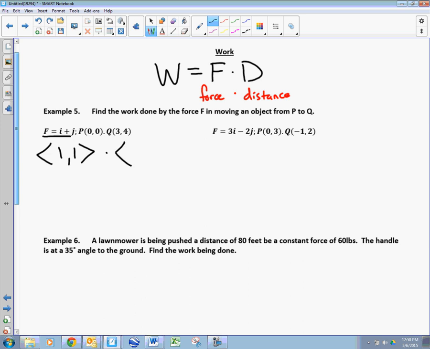Then I need a vector that represents the distance that it has traveled. If it goes from 0 to 3, how many horizontal units has it traveled? 3. If it goes from 0 to 4, how many vertical units? 4. So I am asked to multiply these two vectors, and it will then give me the amount of work that has been done. So this is a dot product, 1 times 3 plus 1 times 4. So 7 units of work have been done in this example.